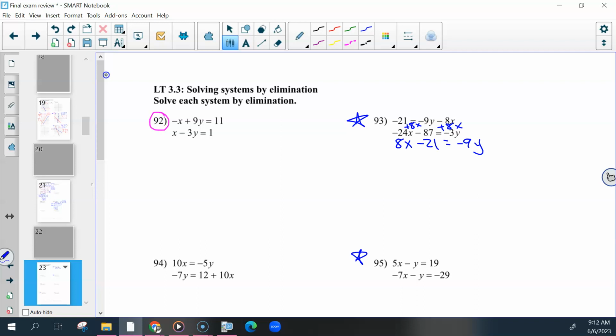You could choose either x or y. So if we chose x, we can multiply the bottom by 3, or negative 3. If we chose y, we can multiply the top by 3, or negative 3. Which one do you want to do? Multiply the top or multiply the bottom?